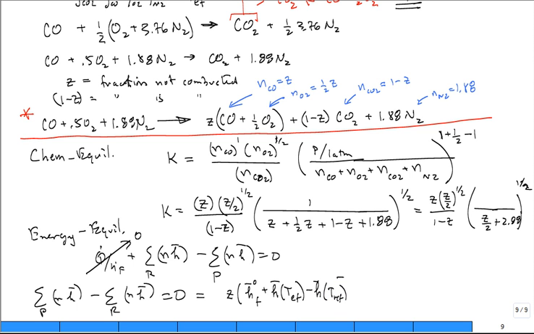All of those are for the first component, carbon monoxide, plus Z over 2 times the enthalpy of formation. I know it's 0 for oxygen, but I'm going to write it, plus the enthalpy at the equilibrium flame temperature minus the enthalpy at the reference temperature for oxygen.